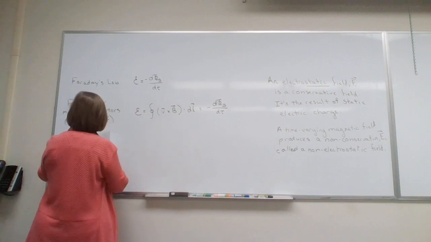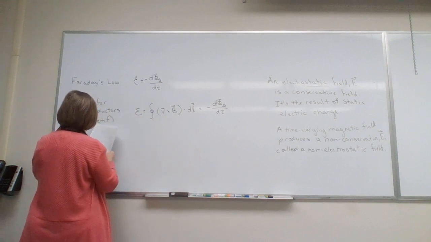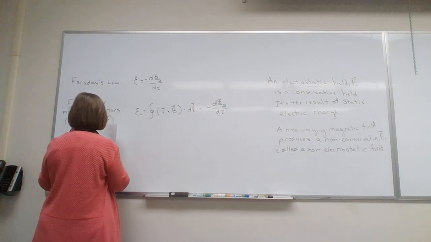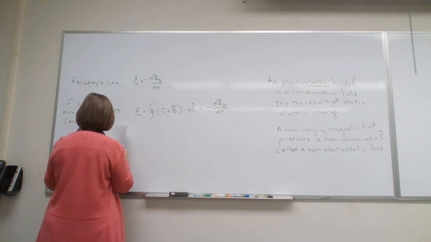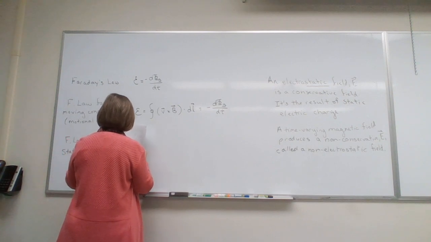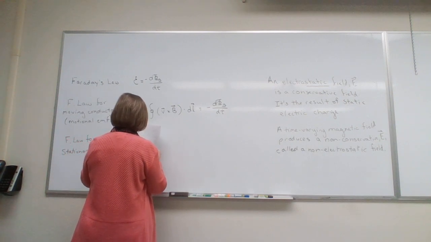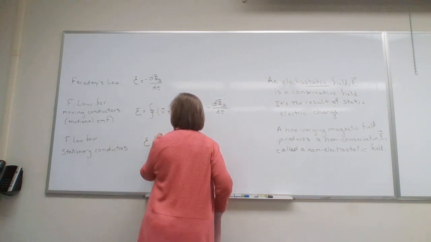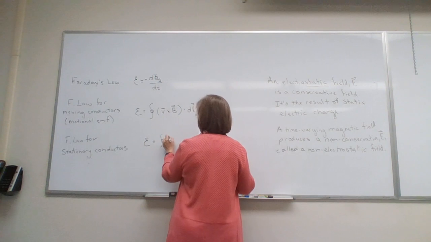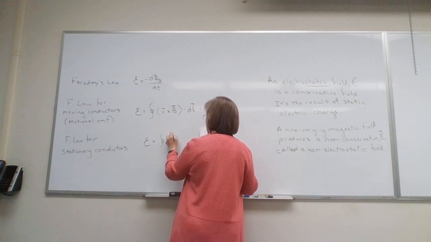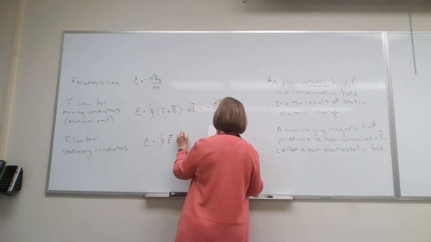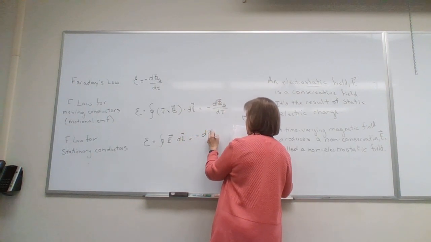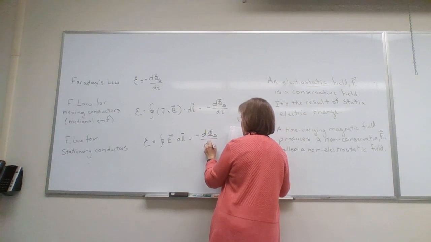And now we have Faraday's law for stationary conductors, ones that are not moving. That says the EMF is the integral, closed loop, of that induced electric field, dot dl, and that's still that.